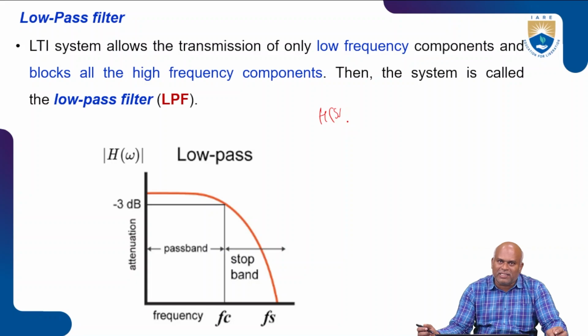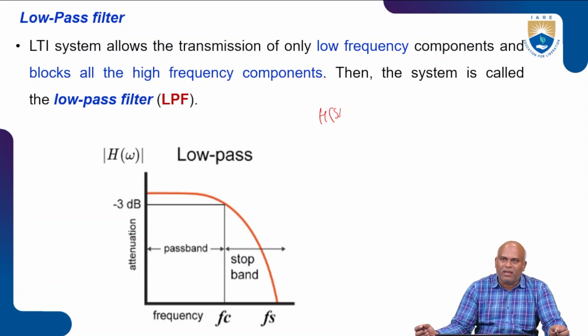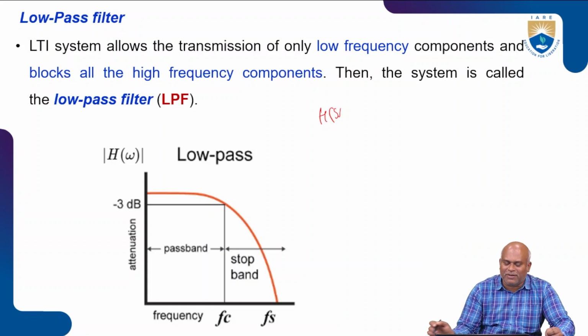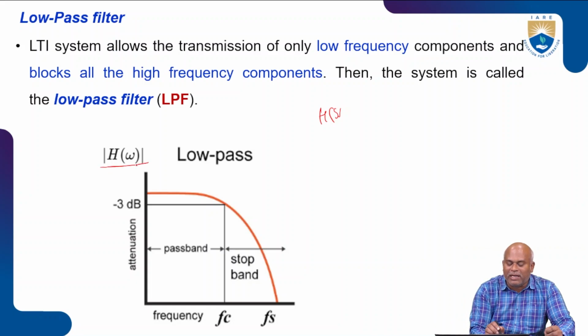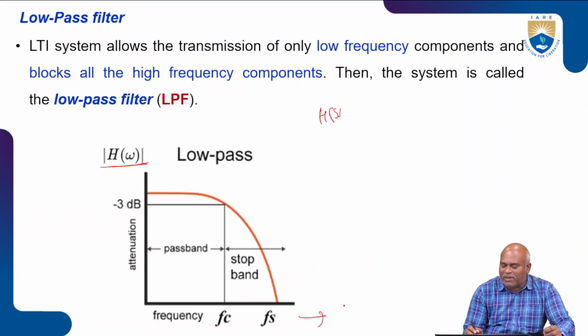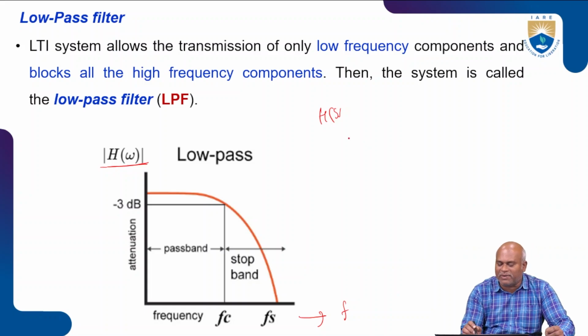If an LTI system allows transmission of only low frequency components and blocks all higher frequency components, then the system is called a low pass filter. Now I take the graphical representation of the low pass filter. Here I take the magnitude value of the system function, and on this side I take the frequency response.